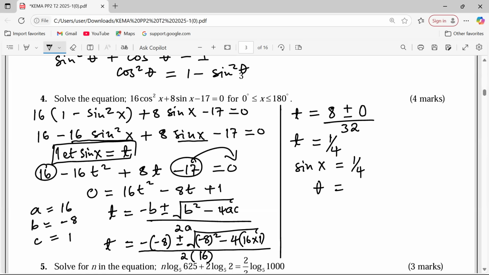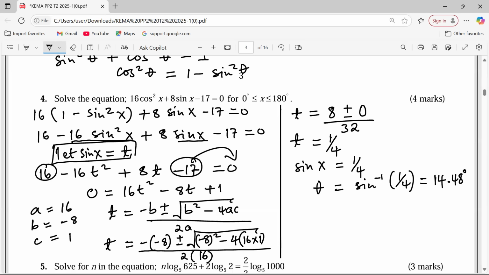And if the sine of X is a quarter, then we can get an acute angle such that we need the sine inverse of a quarter first. So I write shift sine 1/4. This gives me 14.48.